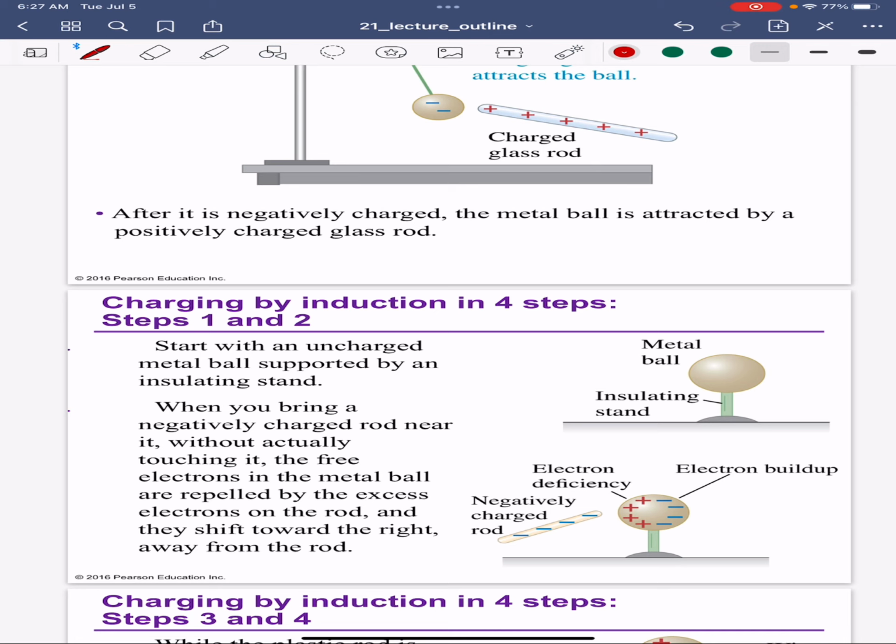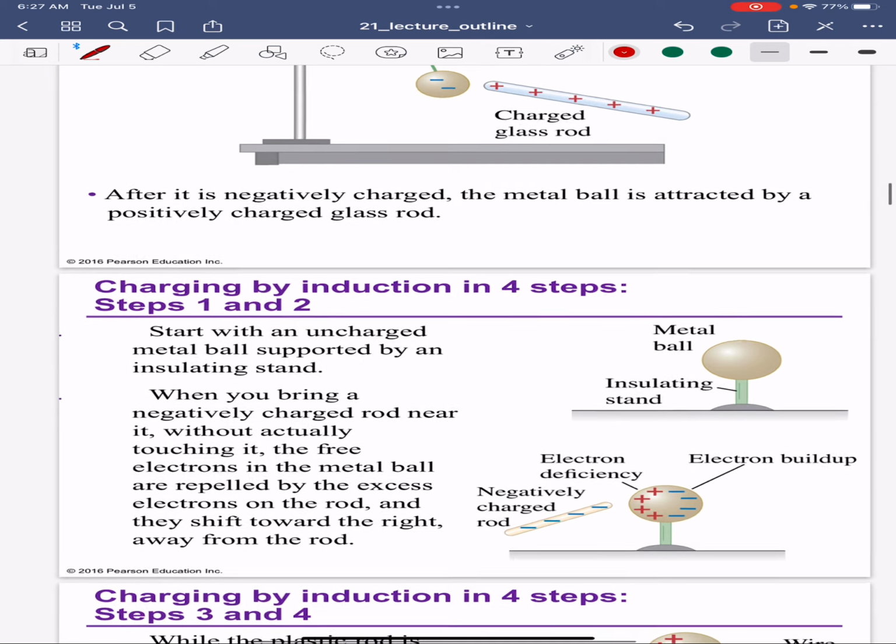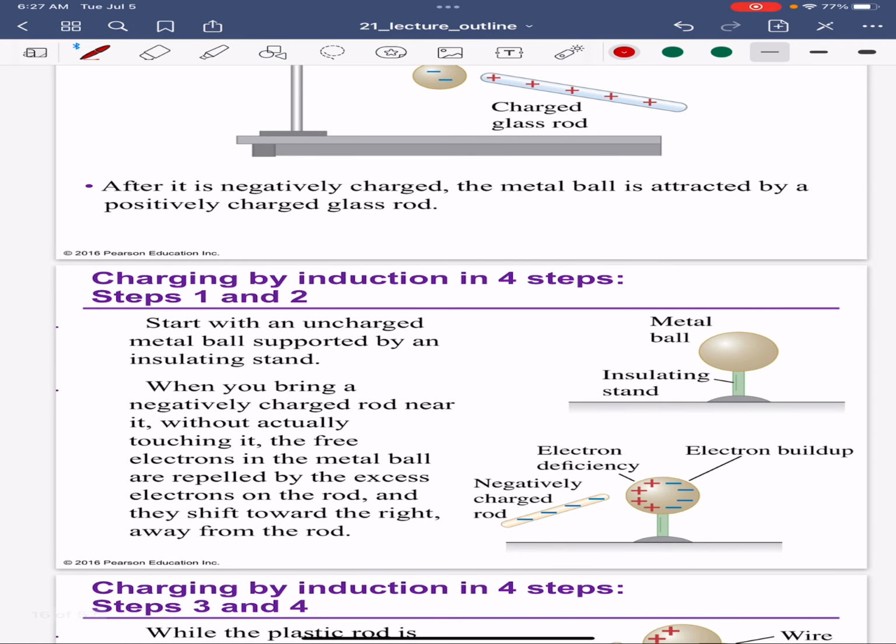Then if I bring a negatively charged rod near that ball, without touching, the end that is closer to the rod is going to accumulate positive charge, and the other side is going to have the negative.